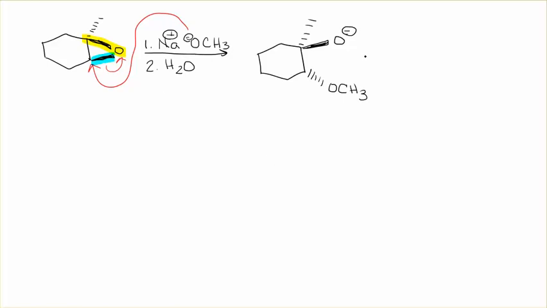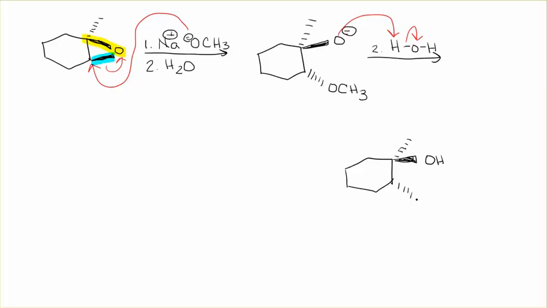In the second step, we react it with water. Just like I showed you in the other reaction, water is there to protonate our alkoxide intermediate. I'll just draw this down here. So the overall product of the reaction is an alcohol and an ether in an anti-arrangement to each other.